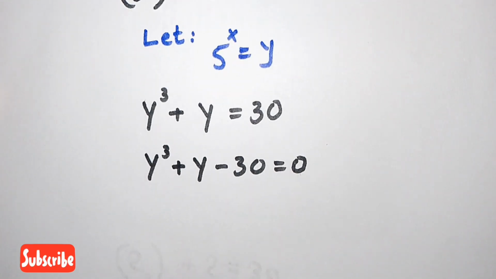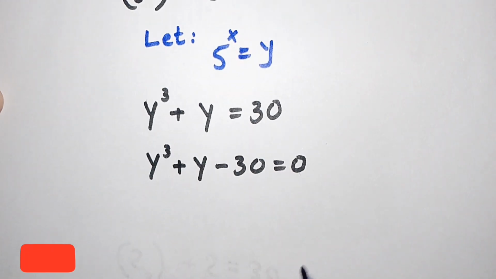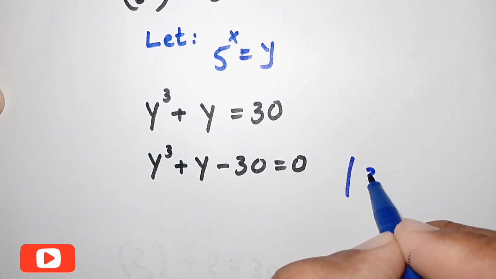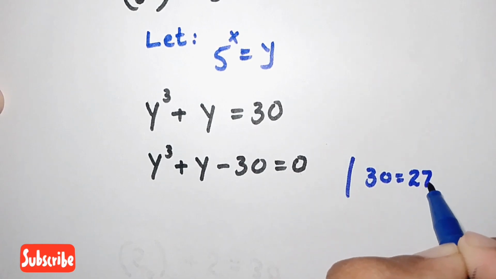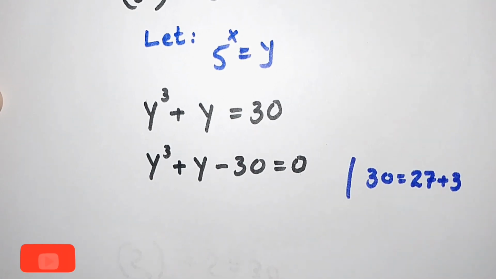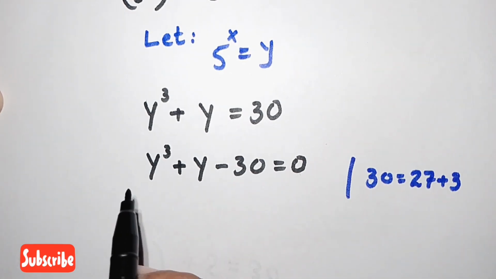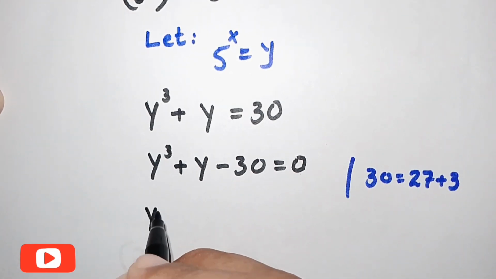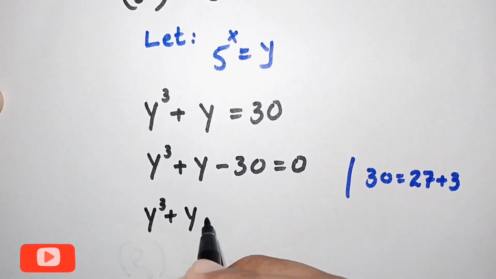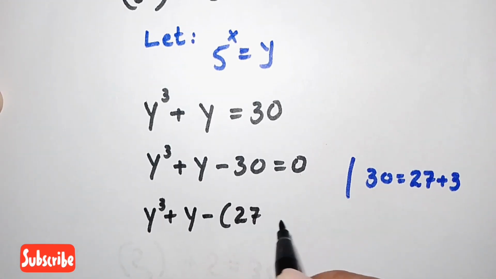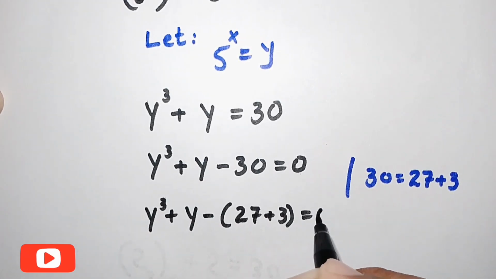Now, in the next step, we know that 30 is also equal to 27 plus 3. So we have to split this 30 as 27 plus 3. So here this will become y to the power of 3 plus y minus 27 plus 3, which is equal to 0.